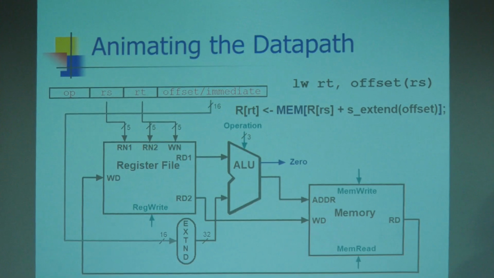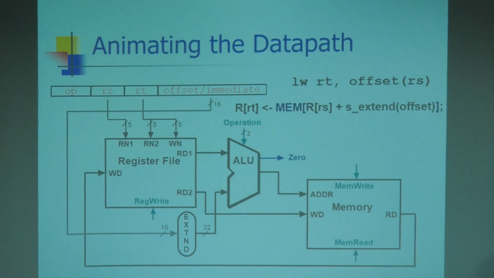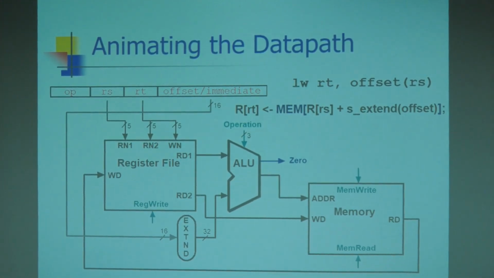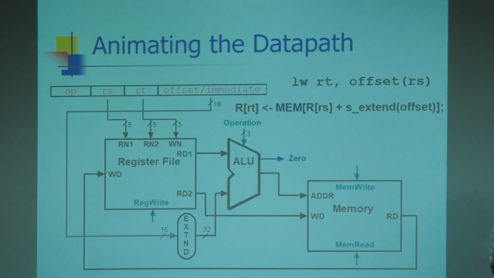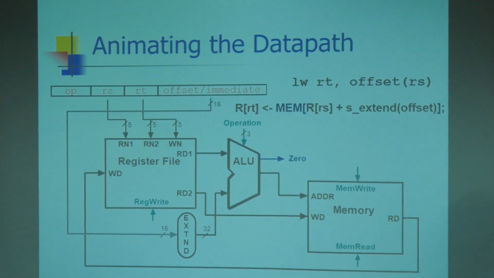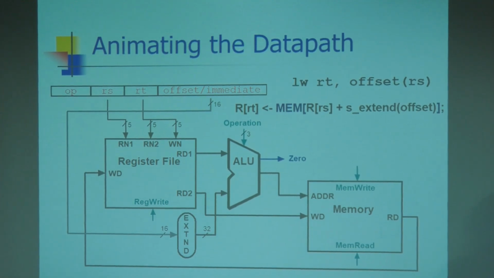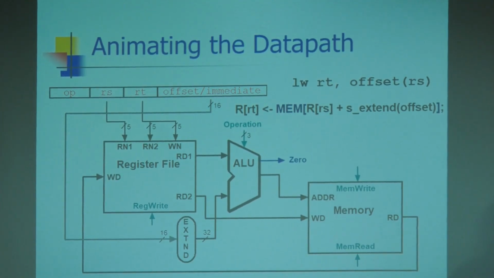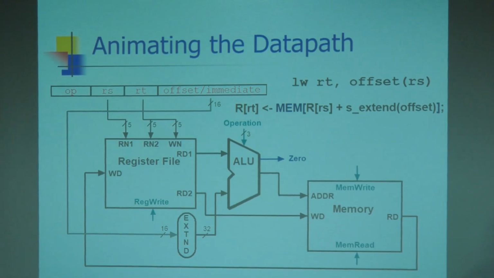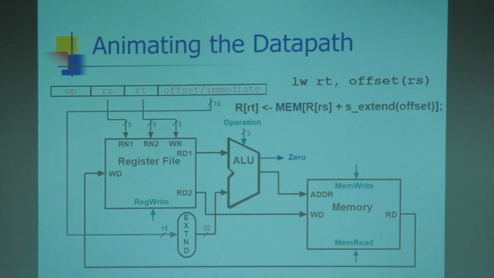Two instructions, load and store. So load word: lw rt, offset(rs).